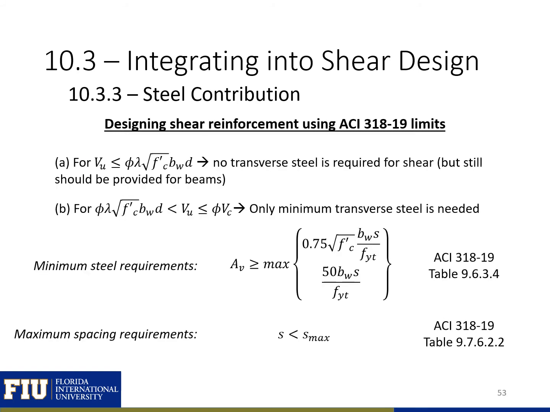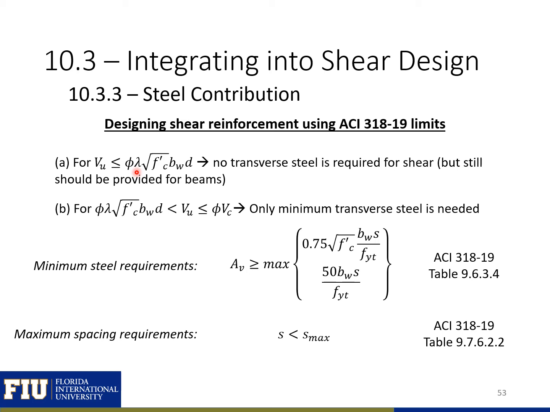With the minimum steel and maximum spacing requirements in mind, we can now design the shear reinforcement based on the shear demand Vu on the beam. If our shear demand is less than phi times lambda times the square root of f'c bw d, then we don't need transverse steel.